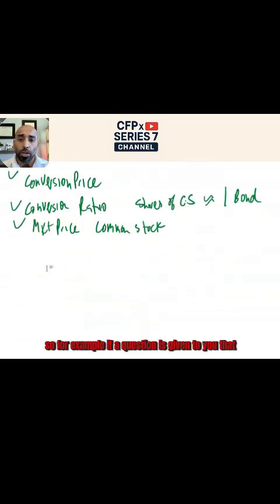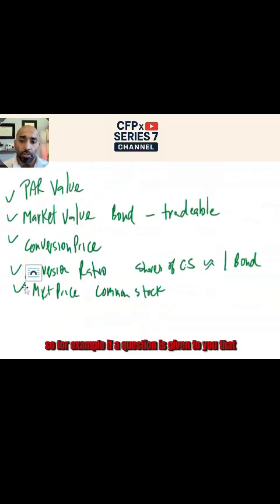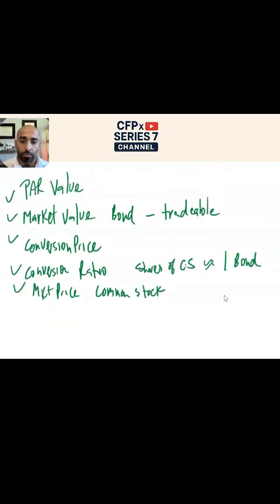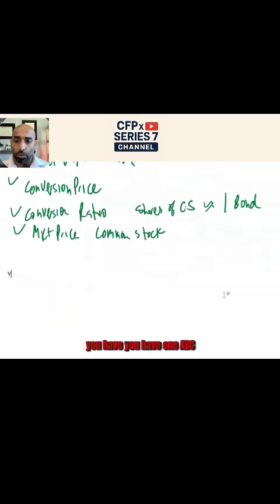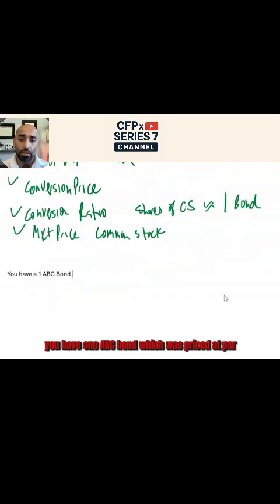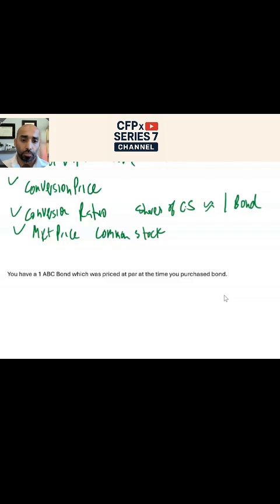So for example, if a question is given to you that you have one ABC bond which was priced at par at the time you purchased the bond. The bond has a 10-year maturity, pays a coupon of 5%.